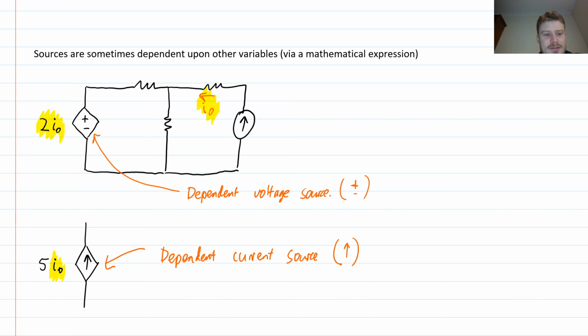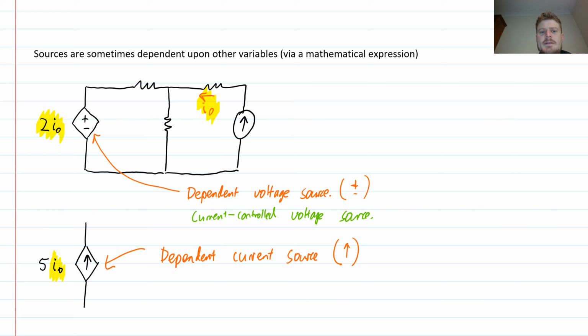The full name for this first component, if you want to spell it out in full detail, is a current controlled voltage source. And the bottom one is a current controlled current source. So we can specify it like that.